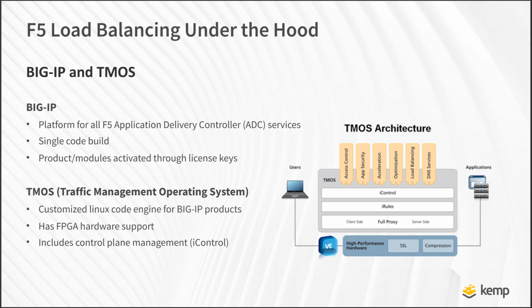In the network industry, this is very common to use for high-end layer 3 switching and routing: TCAM, ternary content addressable memory. And it also includes other features such as control plane management through iControl and other pieces. But BIG-IP and TMOS are really the core of the engine of the F5 product in conjunction with the hardware that it is taking advantage of.